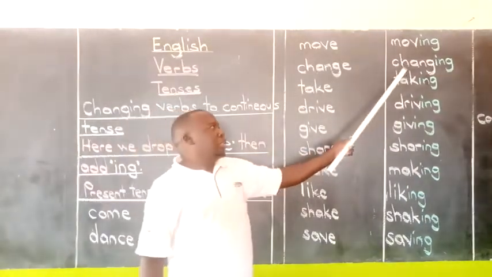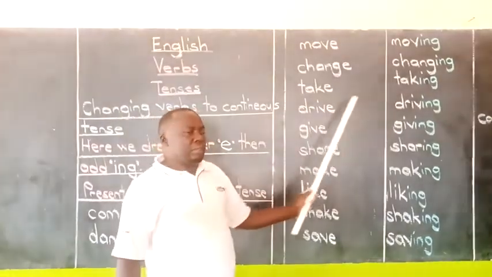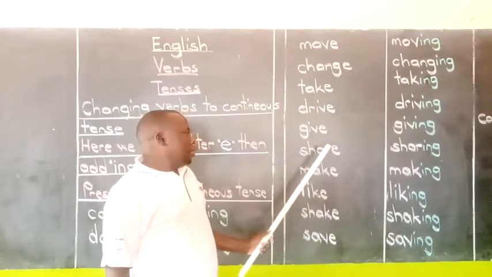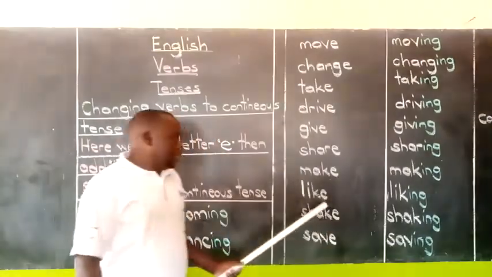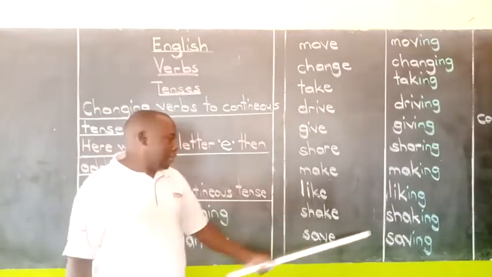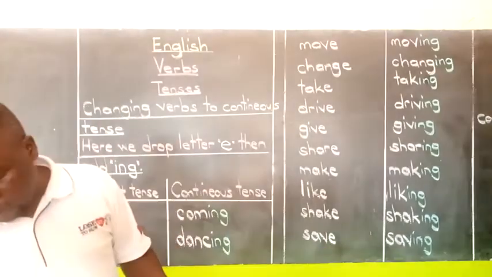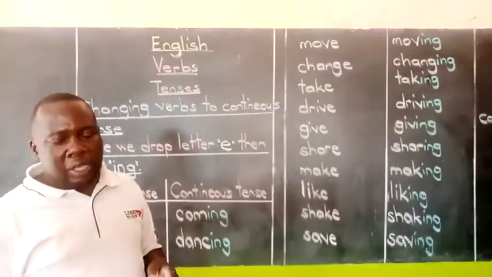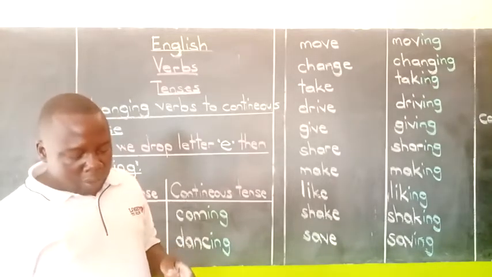Change, changing. Take, taking, drive, driving, give, giving, share, sharing, make, making, like, liking, shake, shaking, save, saving, and the list is endless. You can continue giving more verbs that end with letter E. Don't give the nouns, but give the action words.